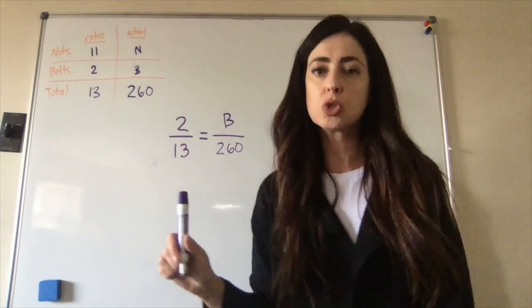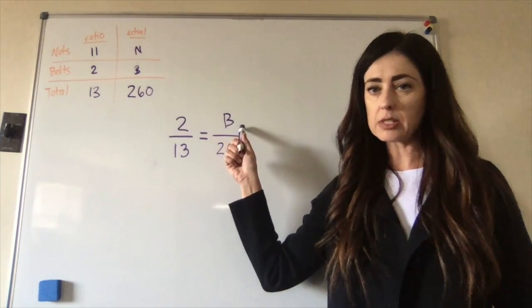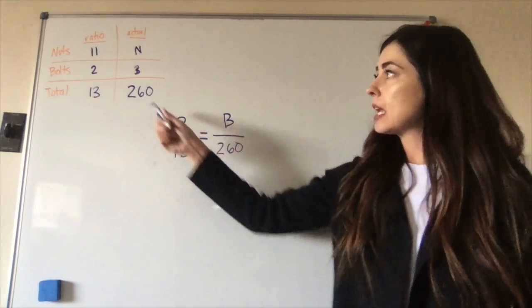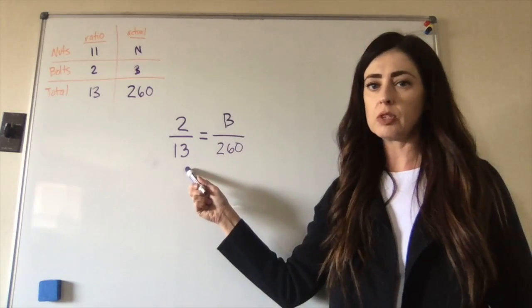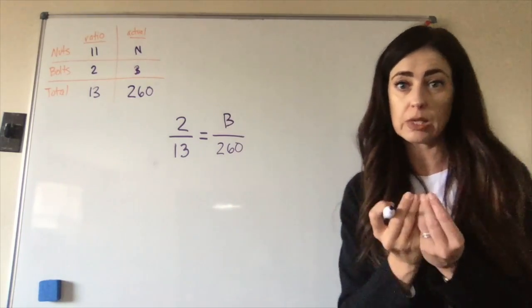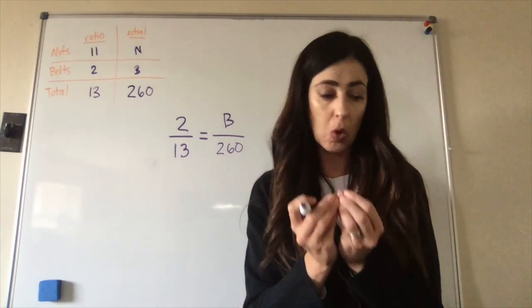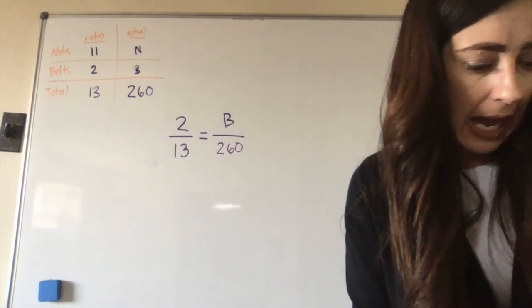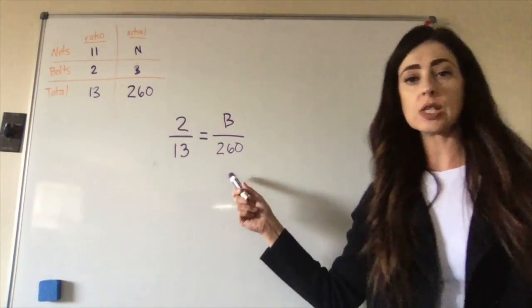Now remember, I told you guys that whatever's on one side has to reflect the same thing on the other side. So the number of bolts has to be at the top, and then the total number of units and the total actual number have to be on the bottom, because those are our totals. Those are related, and then the 2 and the B are related because they both signify bolts, okay? So now we have the ratio of 2 over 13 set equal to B over 260.